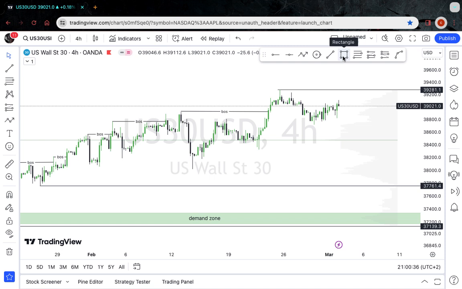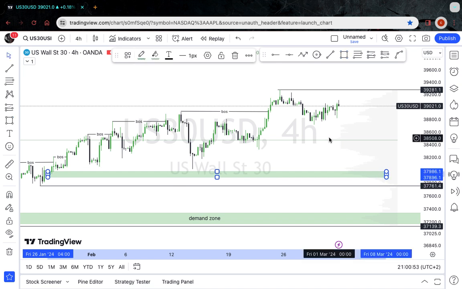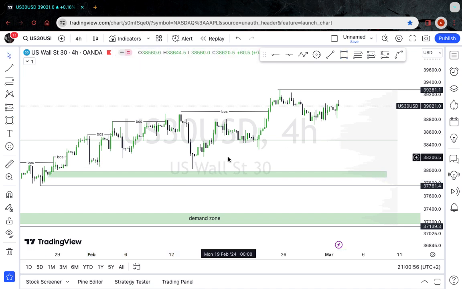So where the market gave us this low here, we have the last bearish candlestick before that push to the upside, meaning that's our second demand zone on US30. That's our second demand zone.